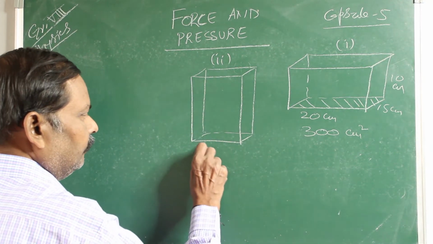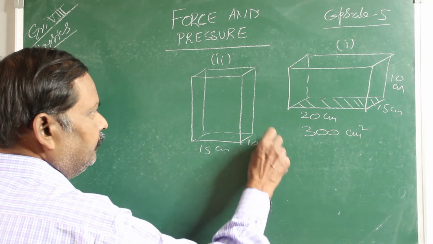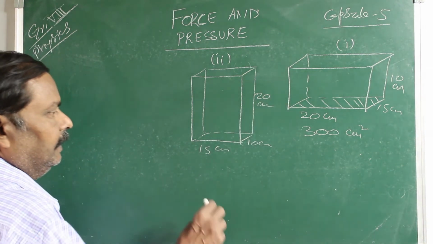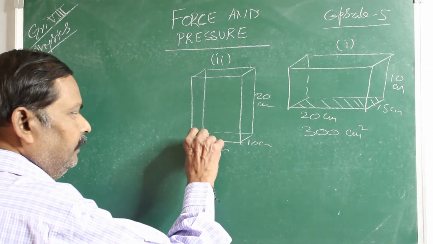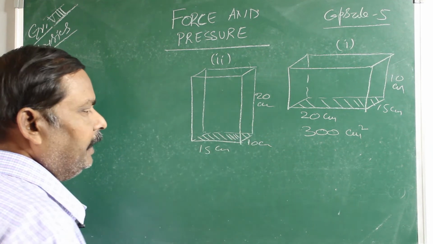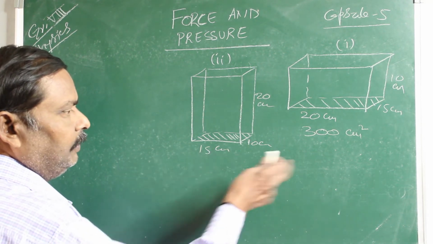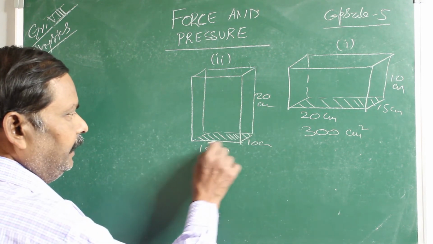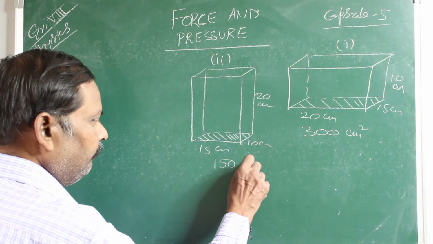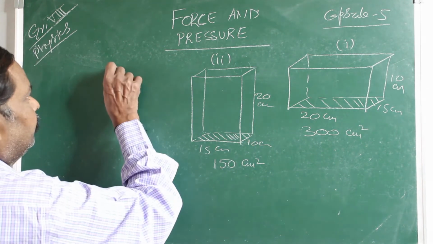This is 15 centimeters, 10 centimeters and 20 centimeters. In this case, this is the surface of the cuboid which is in contact with the table or any other surface. Then the area of this surface is 150 centimeters square. This is the second situation.